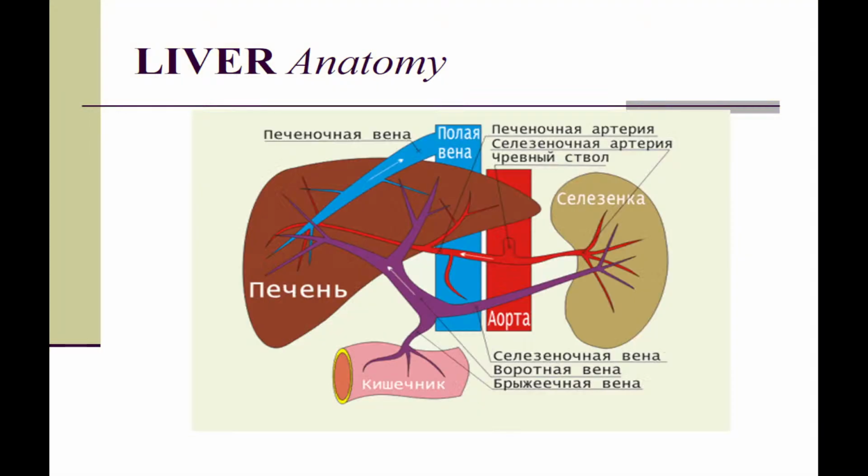The blood supply, as we just told, vena porta was divided into two veins, right and left part, common hepatic artery, and this is vena cava inferior.